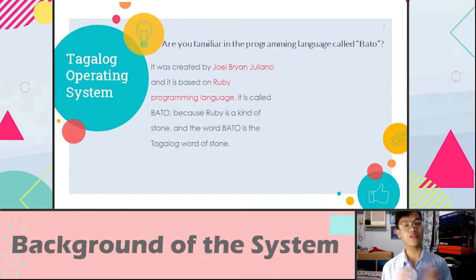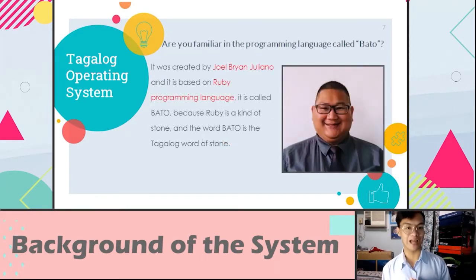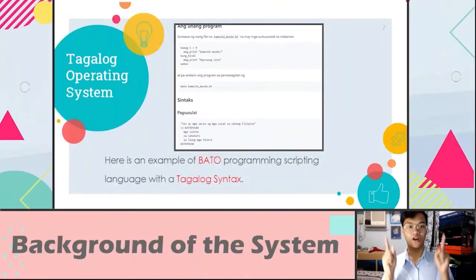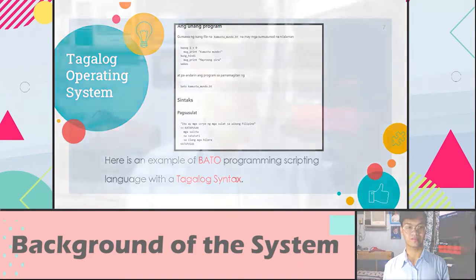It was created by Joal Brian Juliano, and it is based on the Ruby programming language. It is called Bato because Ruby is a kind of stone, and the word Bato is the Tagalog word for stone. Here is an example of Bato with a Tagalog syntax.